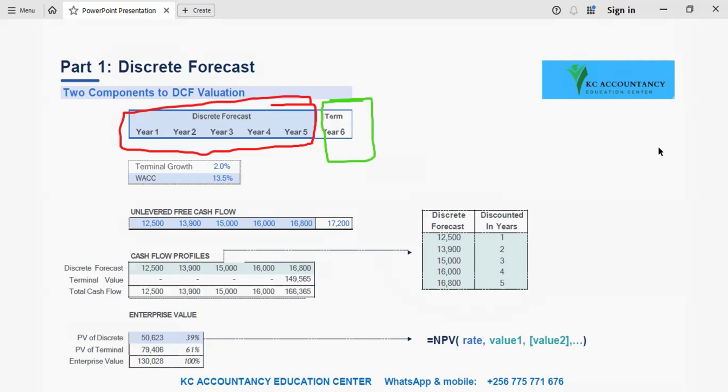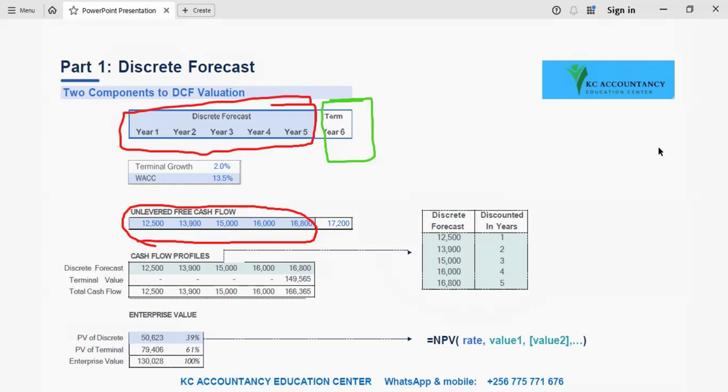We are forecasting these unlevered free cash flows from year one to year 5, and you can see they are all shaded in blue.